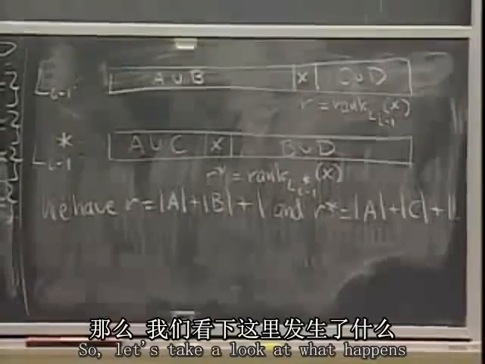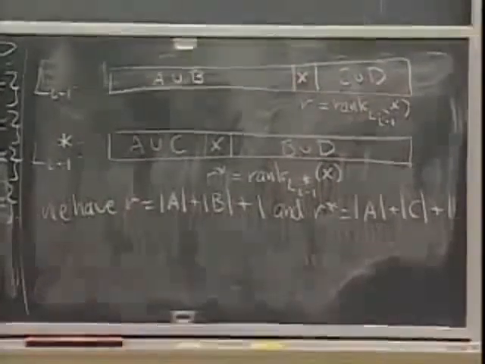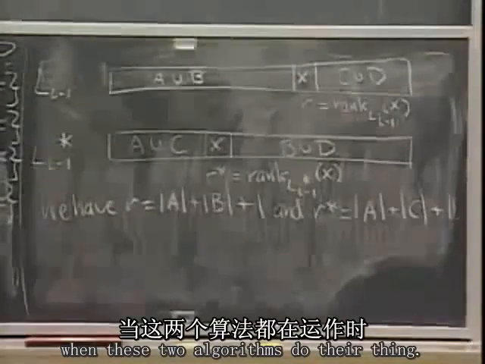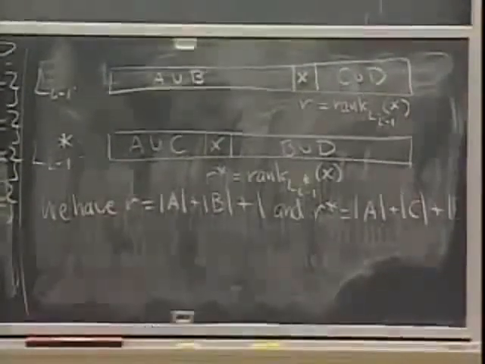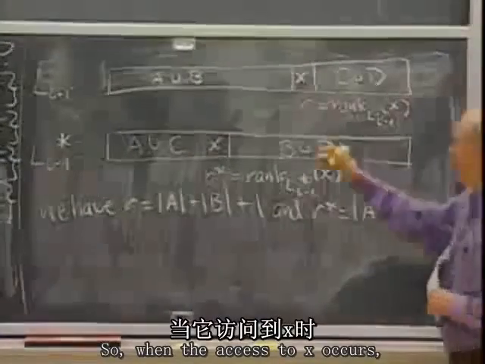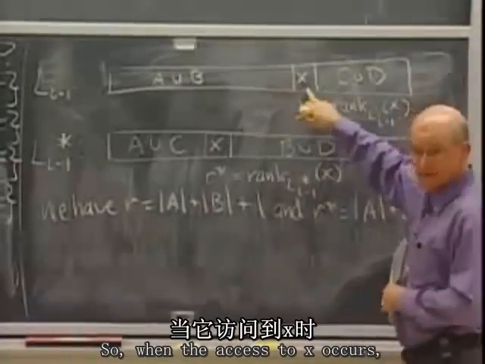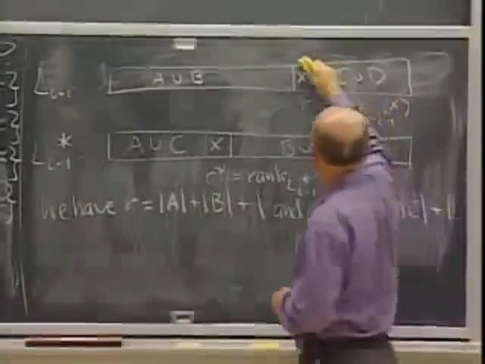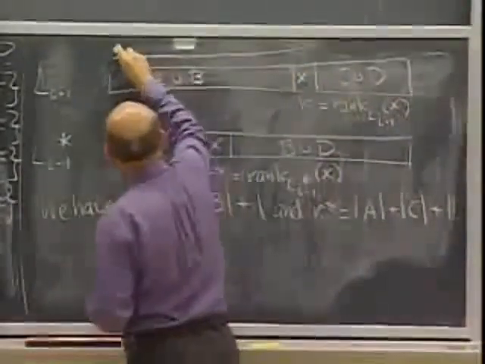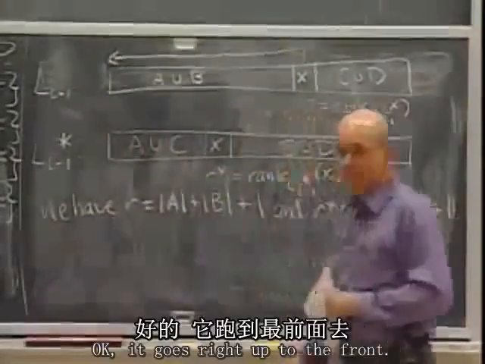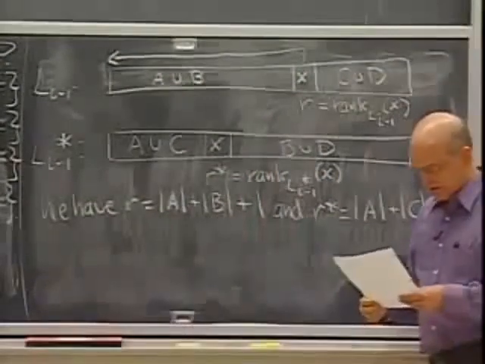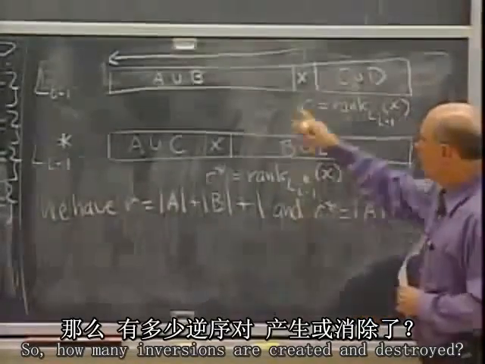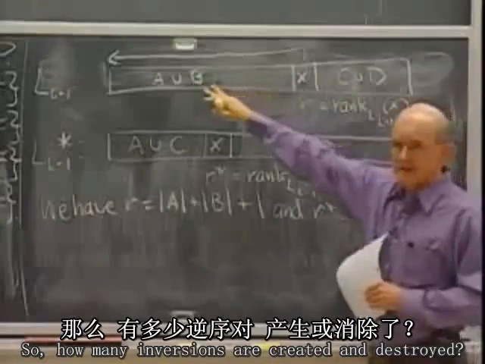So let's take a look at what happens when these two algorithms do their thing. When the access to X occurs, we move X to the front of the list. It goes right up to the front. So how many inversions are created and destroyed?